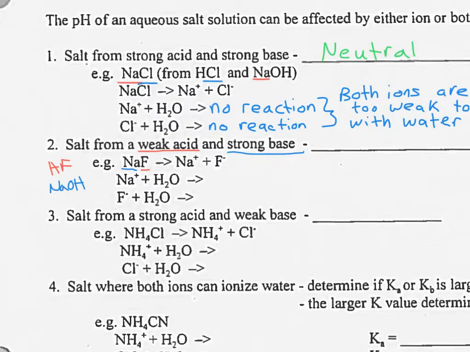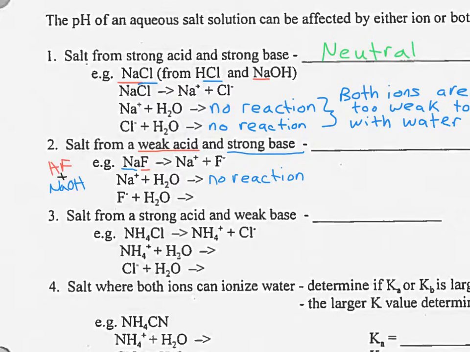It's these two together that are making our NaF. Again, it ionizes into a sodium ion and a fluorine ion. We know from before that our sodium ion is not going to react with water. The fluorine ion, though, is going to act like a weak base.